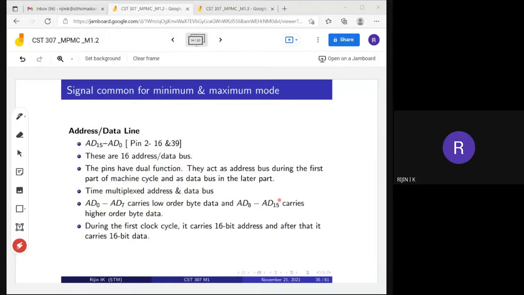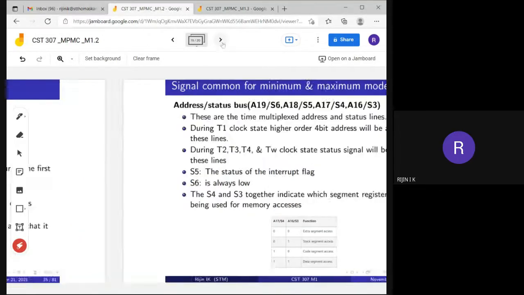That means during the first clock cycle it carries a 16-bit address, and after that it carries 16-bit data.